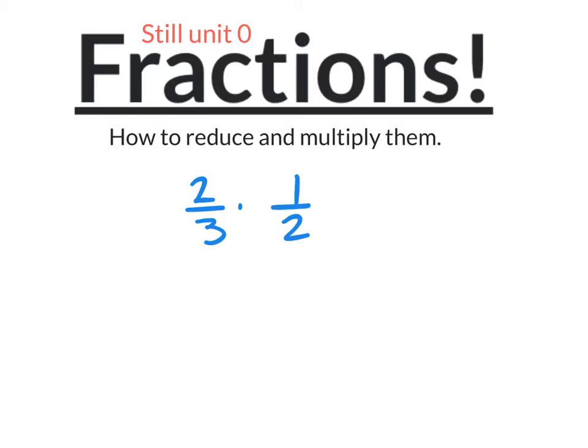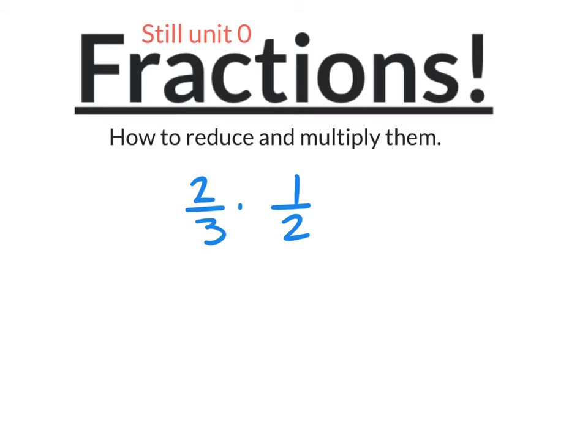Here's another option. Instead of multiplying right off the bat, we can remember that anything on top that's identical to something on the bottom can cancel out to be 1. Like 4 over 4 reduces to 1, 3 over 3 reduces to 1, and 2 over 2 reduces to 1.